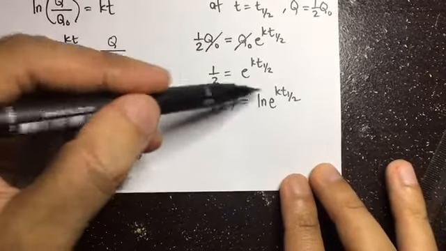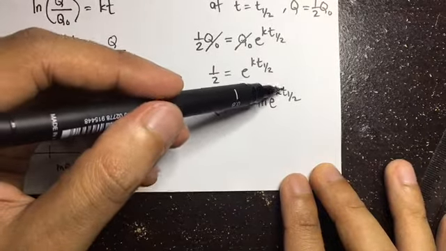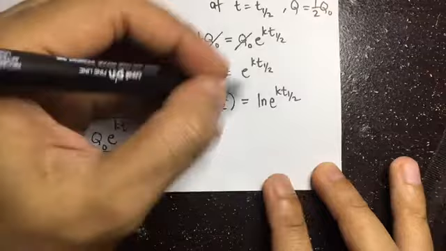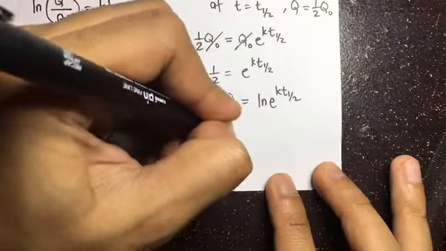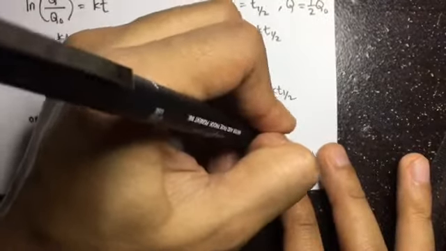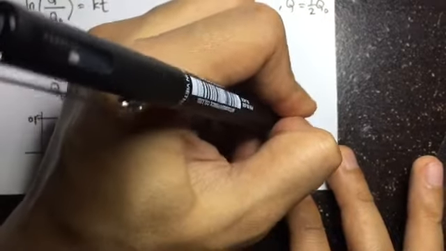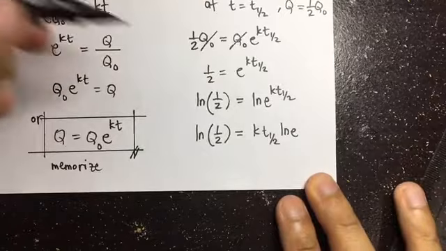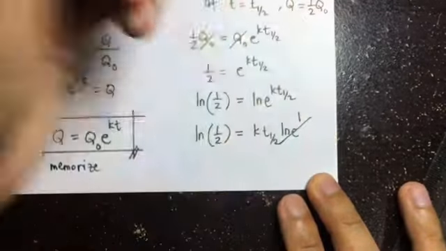Using the laws of logarithm, we can transfer k and t 1/2 as the exponent of the natural logarithm. So ln 1/2 is equal to k times t 1/2 times ln of e. But we all know that ln of e is equal to 1.